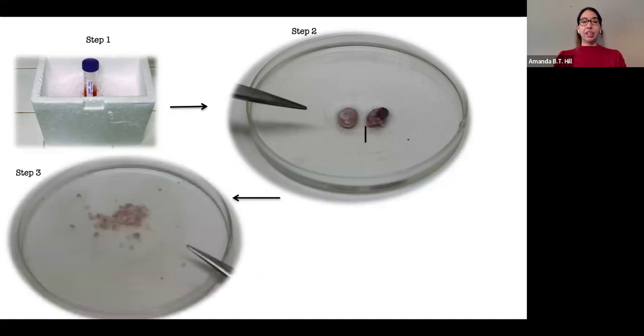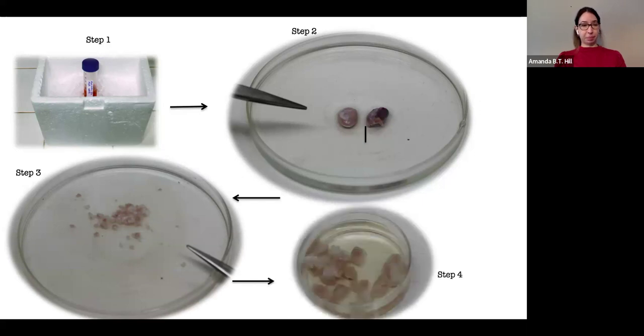Next, the tissue should be minced into small pieces, approximately 1 millimeter in size. And in order to liberate the cells from the tissue, the collagen bonds need to be broken down, which we do by the incubation with collagenase for 3 hours at 37 degrees.